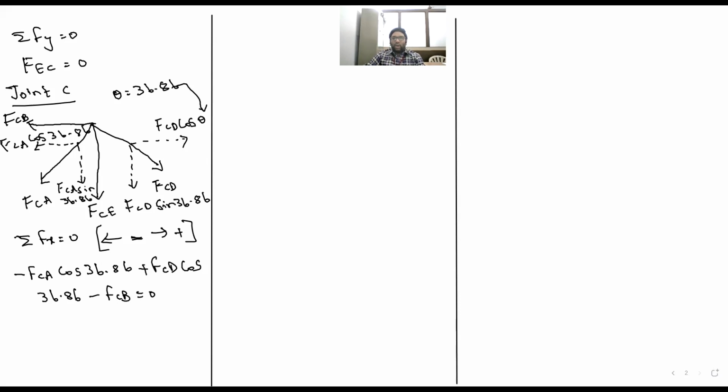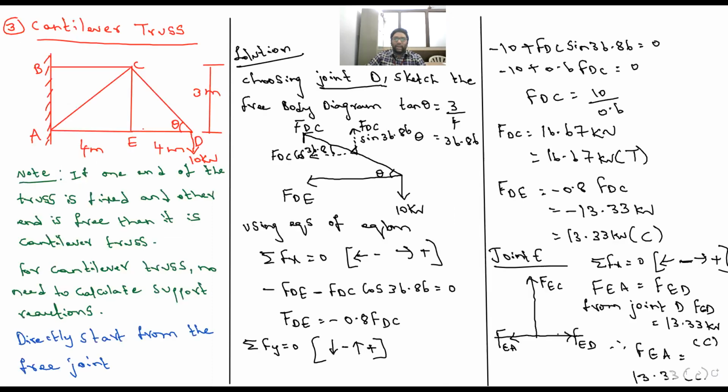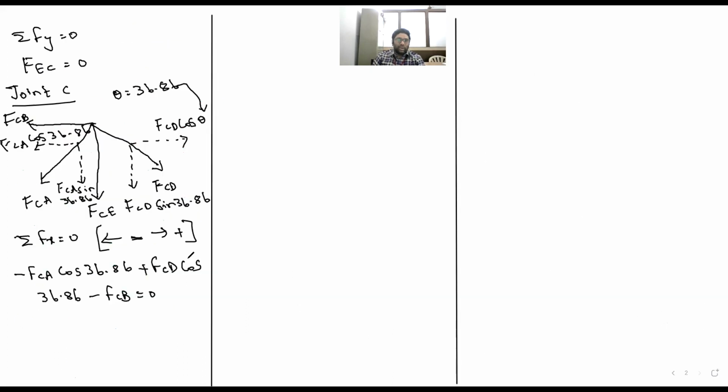So now here what all we know. We have to write everything in terms of the other components. So 0.8, and what all we have got in the previous things. See here, we have taken joint D. So CD, how much did we get? 16.67 compression. FCD 16.67. Okay, you all can see now.